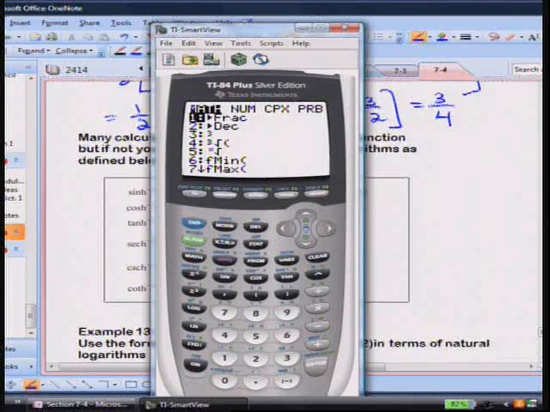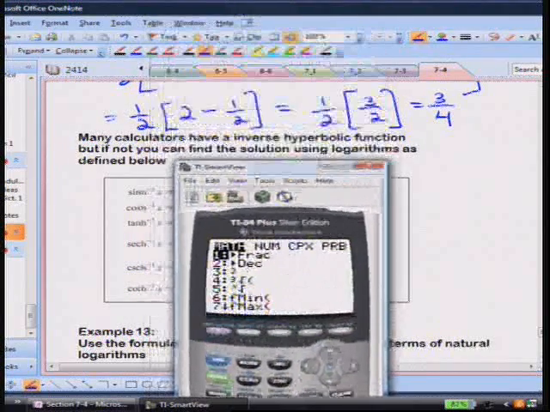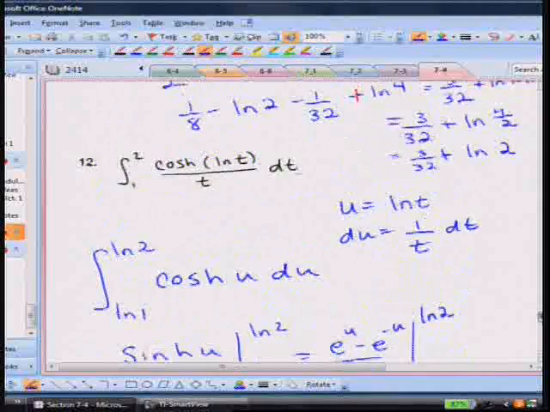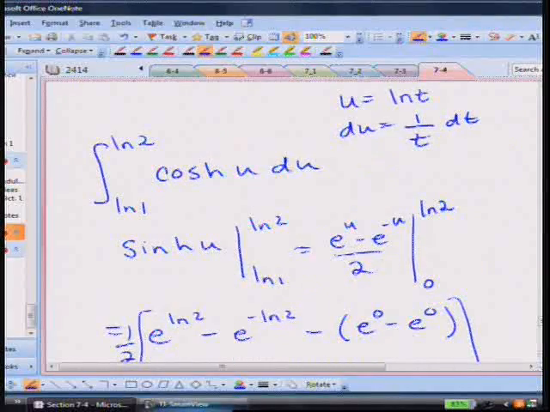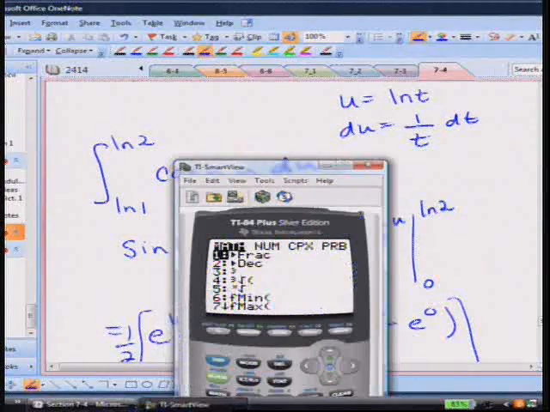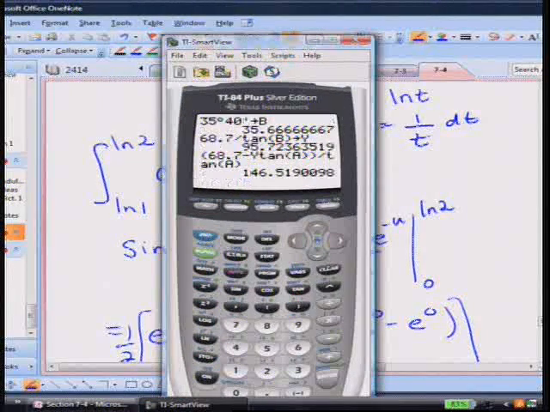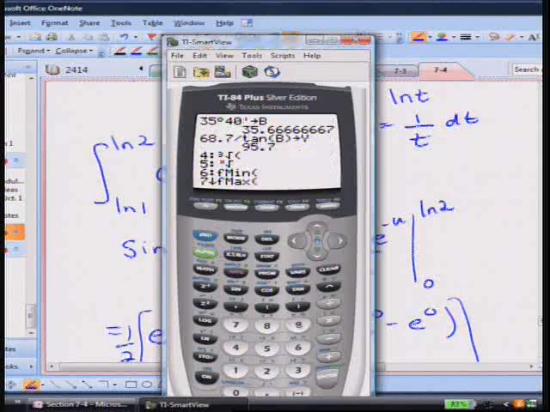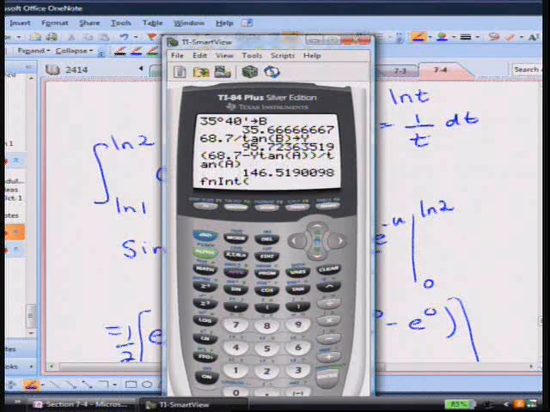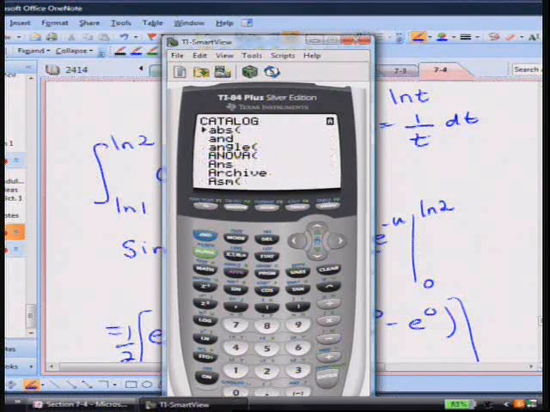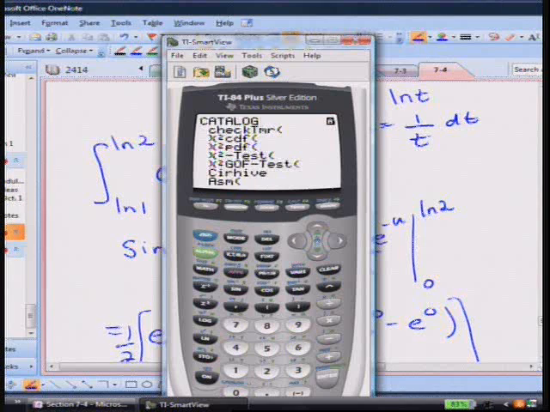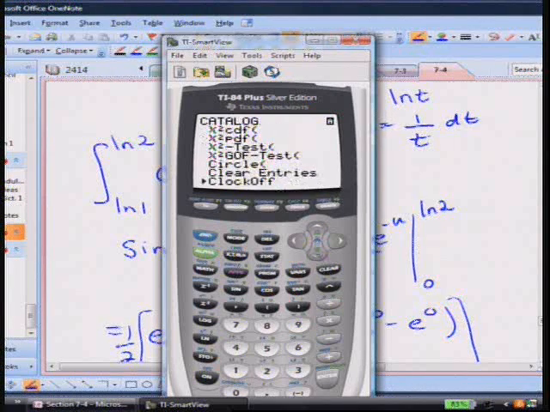So that means that we could have worked that problem with our calculator. We could have done math, and then choice 9 for f int, and then catalog, and then went to the C's, and then scrolled down. Almost seems like you might go to the D's and scroll up, but anyway.